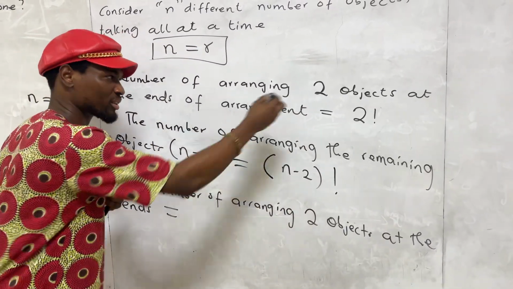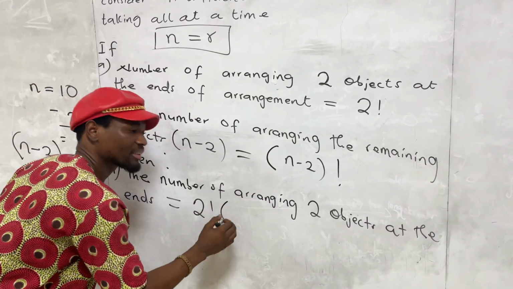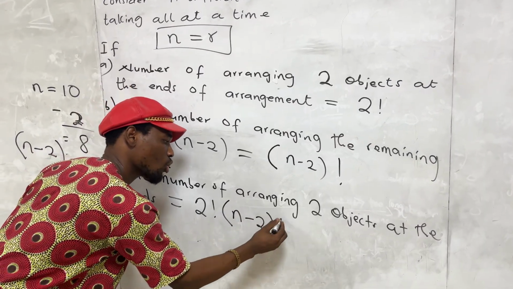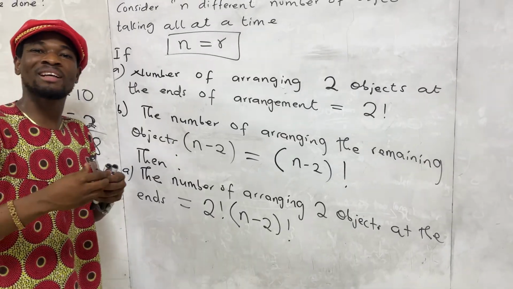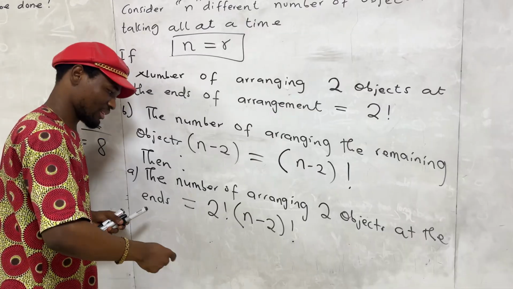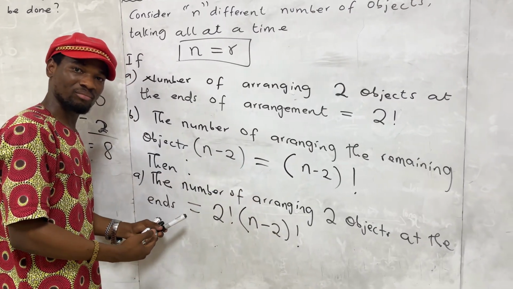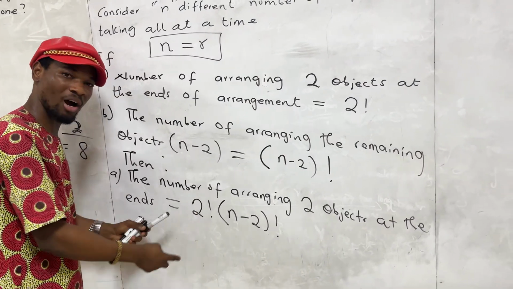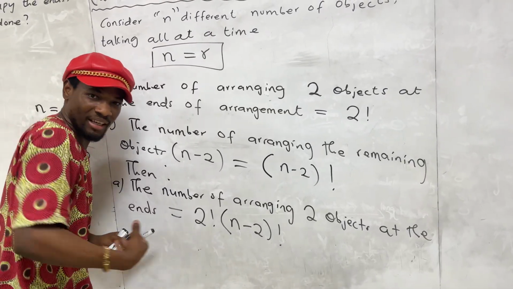So we have it to be what? 2 factorial times this expression, n minus 2 factorial. As simple as that. Viewers, I could have just started this tutorial by telling you that the number of arranging 2 objects at the ends is given by 2 factorial times n minus 2 factorial, but it doesn't make sense at this point.